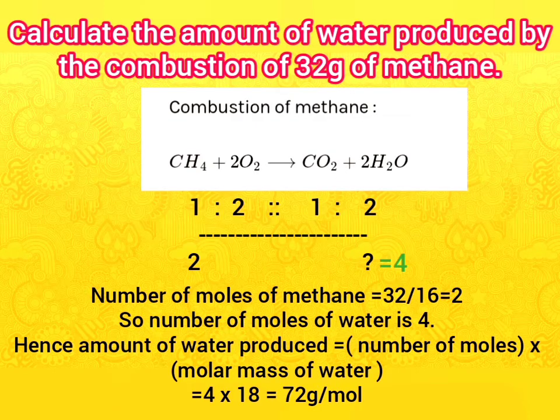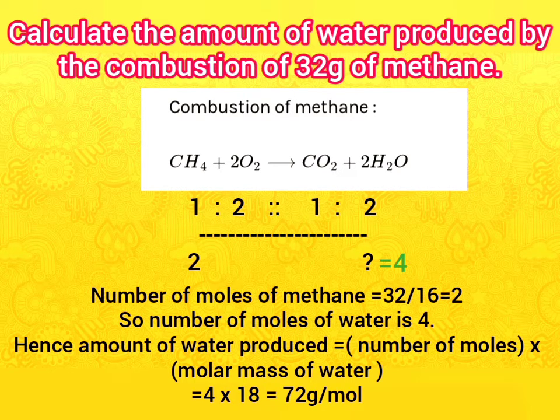The next question is, calculate the amount of water produced by combustion of 32 gram methane. Now we know that 1 mole of methane undergoes combustion and forms 2 moles of water. Now we should find the number of moles of methane as per the details given in the question. The number of moles of methane is given by mass of methane, 32, divided by molar mass of methane, that is 16, and the number of moles is 2.